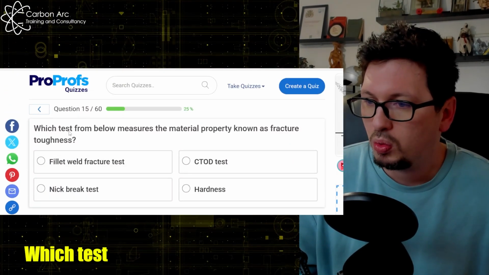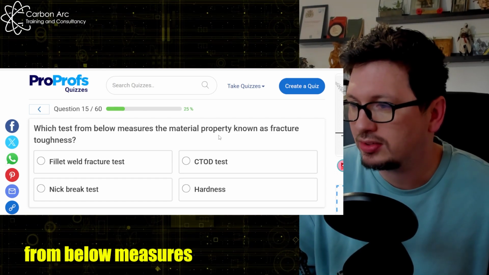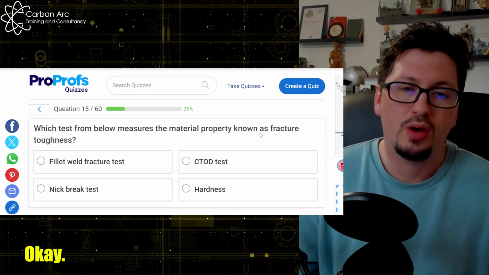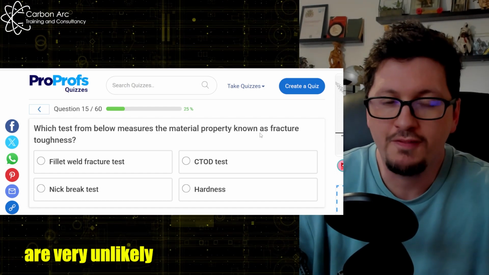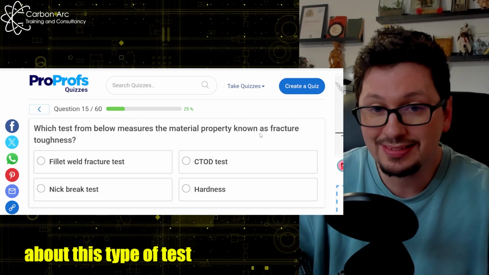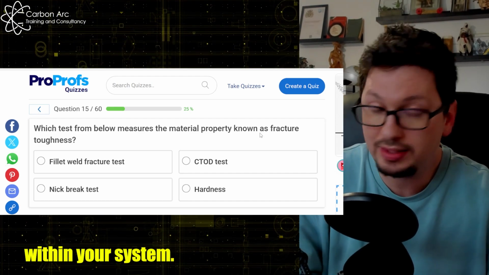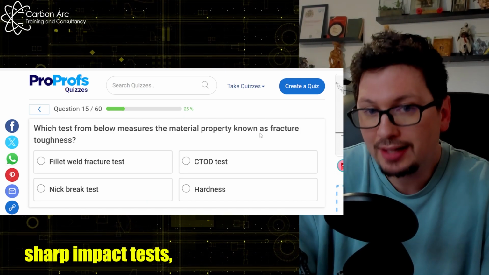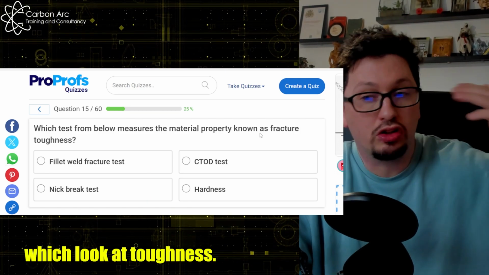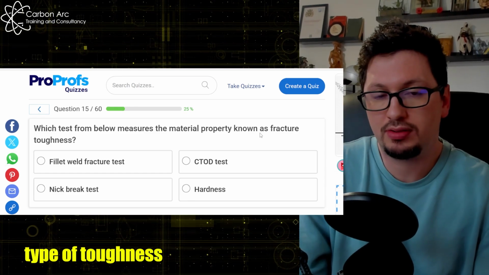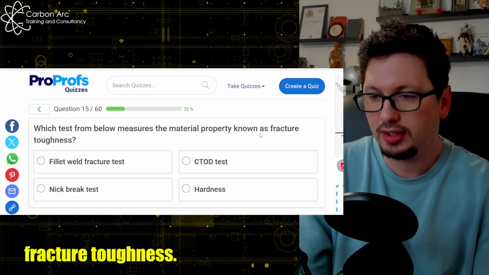Which test from below measures the material property known as fracture toughness? You are very unlikely to go into any detail about this type of test within your CSWIP course. You will talk about Charpy impact tests, which look at toughness, but here we have a certain type of toughness, which is called fracture toughness.